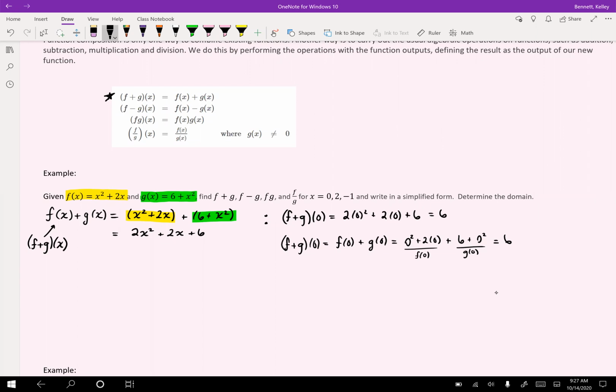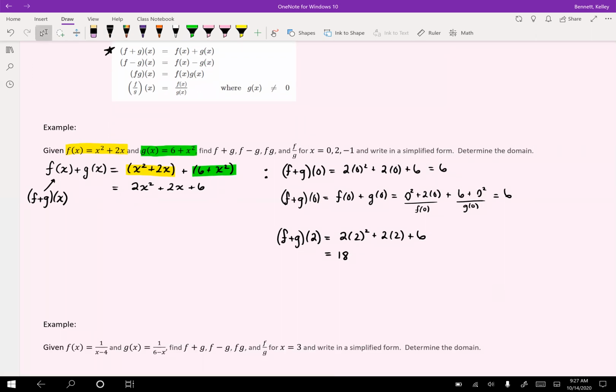I could also compute f plus g of 2. Again, you can do it piecewise, f of 2 plus g of 2, but since we already have it simplified over here, I'm just going to use the simplified version on the left. So this is 2 by 2 squared plus 2 by 2 plus 6. So that gives me 8 plus 4 plus 6, which is 18.